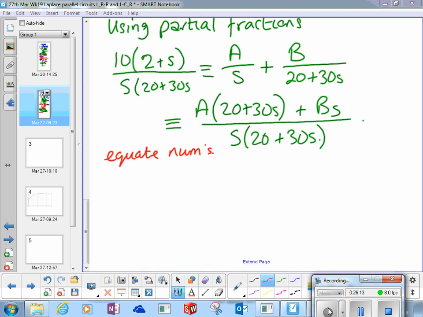So we can say let s equal 0. So 10 times 2 plus 0 equals A times 20.